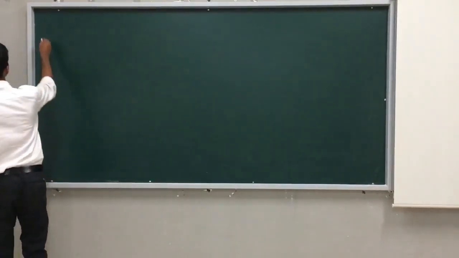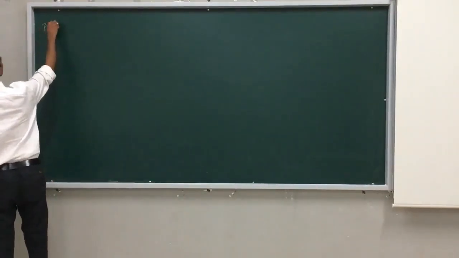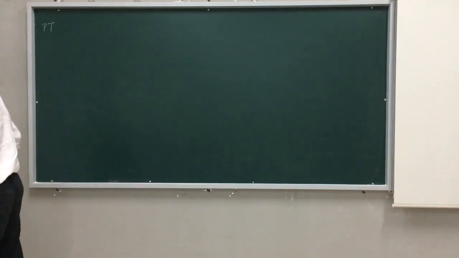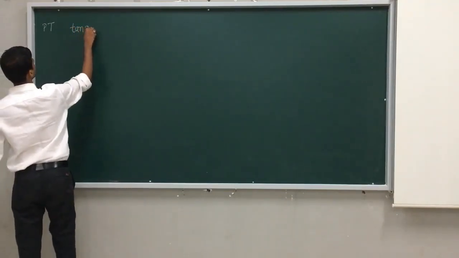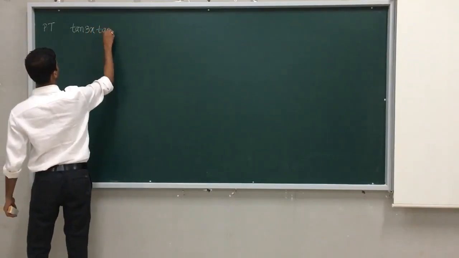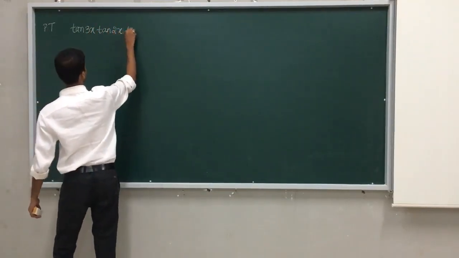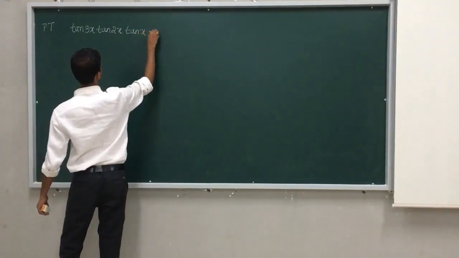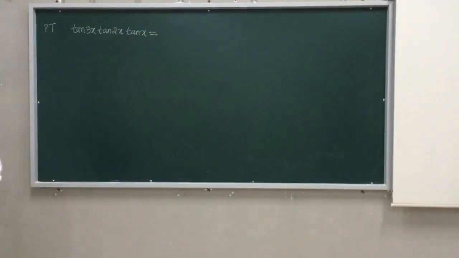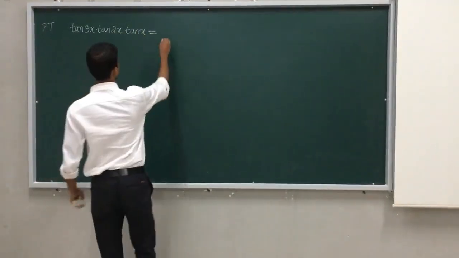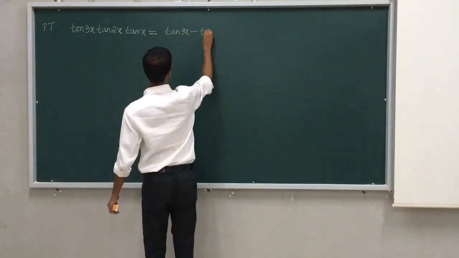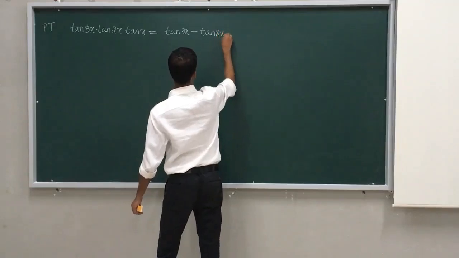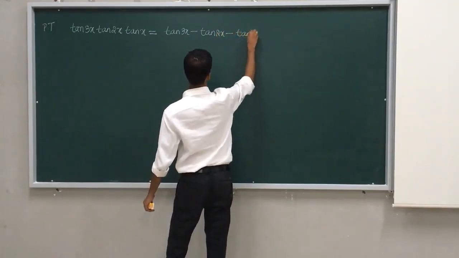Prove that tan 3x, tan 2x, tan x is equal to tan 3x minus tan 2x minus tan x.